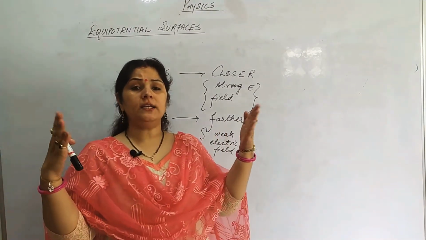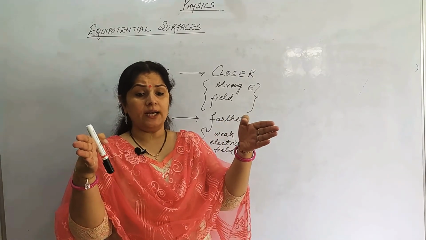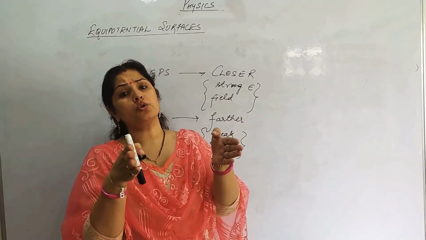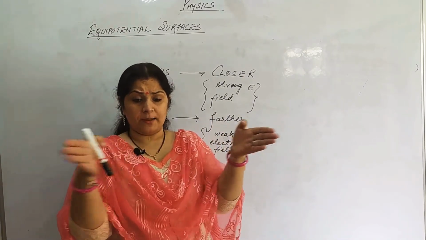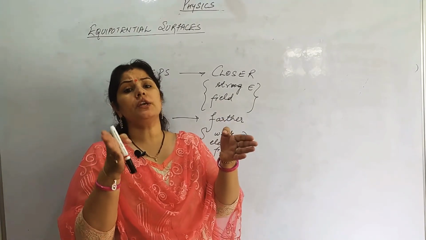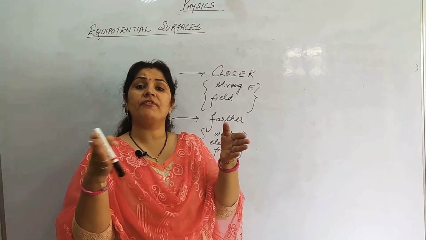Whenever two charges are in attraction, the equipotential surfaces between them will be close. Whenever they are repelling, meaning in between there is weak electric field, the equipotential surfaces between these two charges will be far apart.